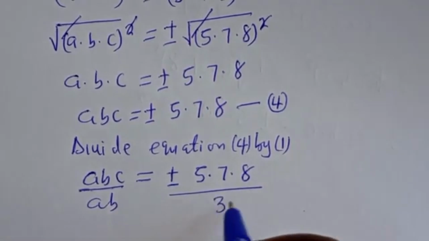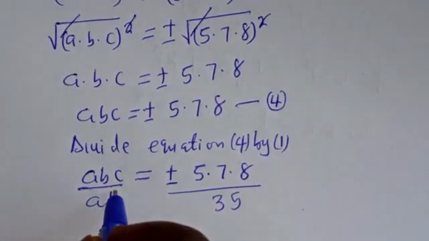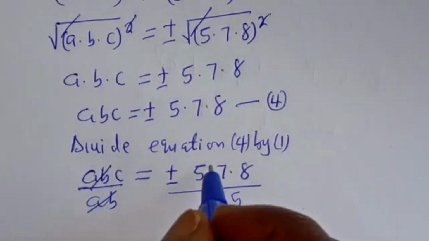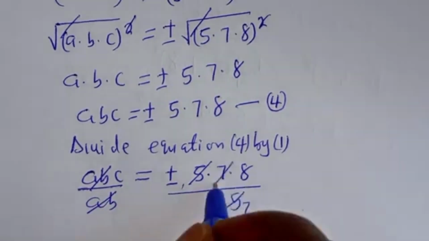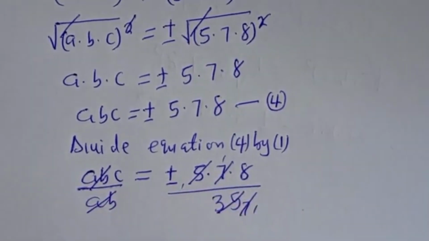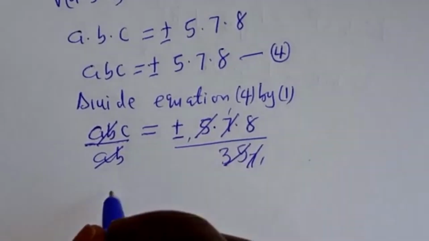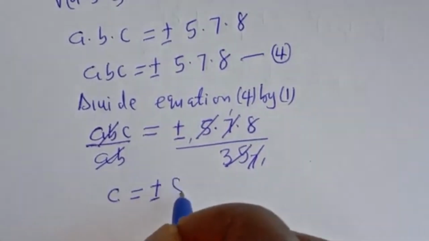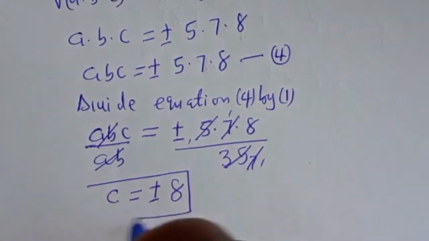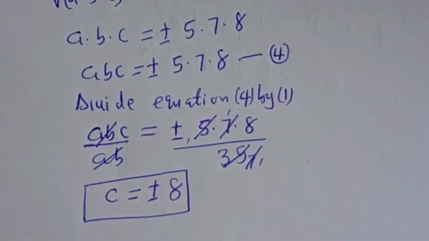This is over 35. This will cancel this. 5 here, 1; 5 here, 7, 7 here, 1, 7 here, 1. C is equal to plus or minus 8. This is the value of C.